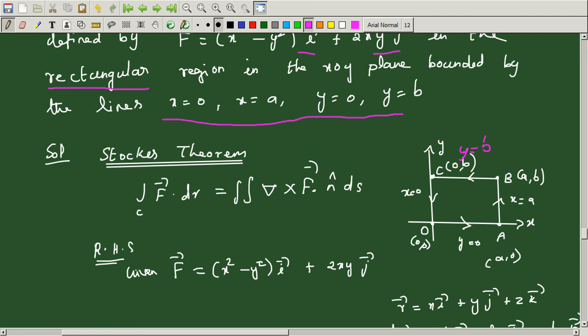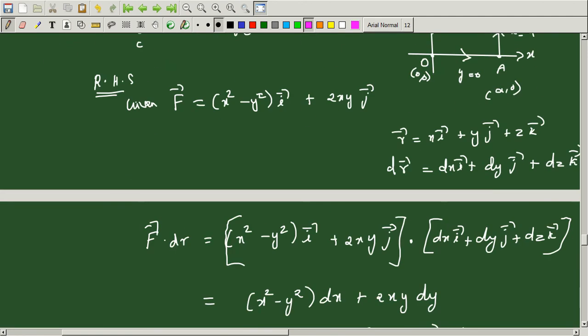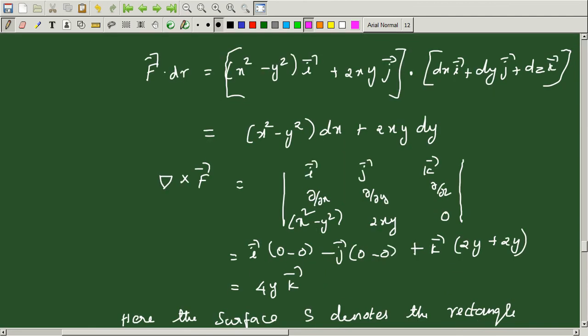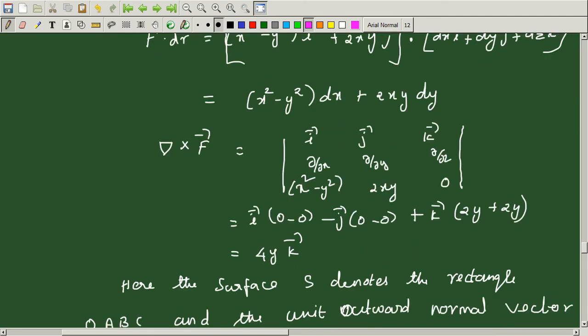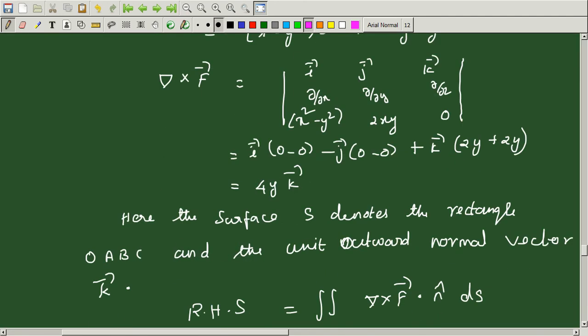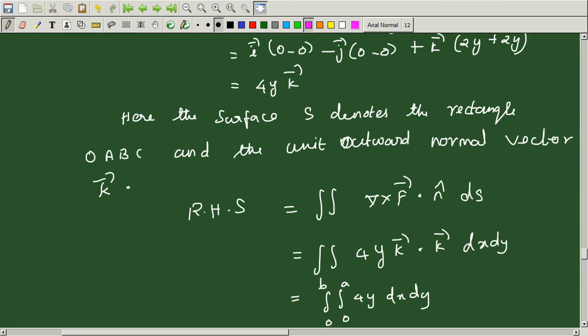For RHS, we need to find del cross F vector like previous problems. Finding del cross F vector, we get 4y k vector. Here the surface S denotes the rectangle OABC, and the unit outward normal vector is along the z axis. For the z axis, we take the k vector.